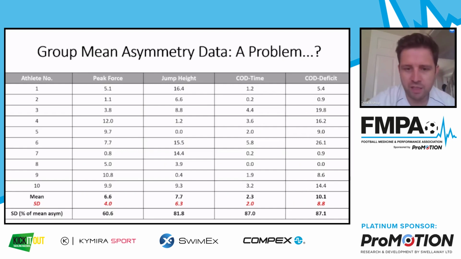But the thing I've highlighted at the bottom in red is what I really want to focus on underneath the mean value. If you took peak force or jump height as a metric, you would probably expect the standard deviation to range from something like 5 to 25% of the group mean. However, in this instance, you can see on that bottom row, the standard deviation for asymmetry is huge. It ranges from about 61 to 87%.